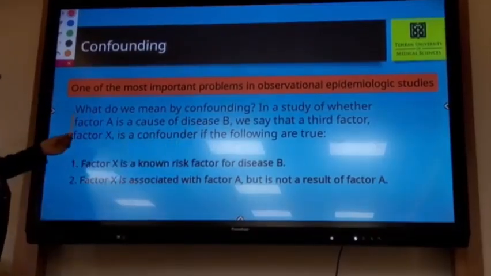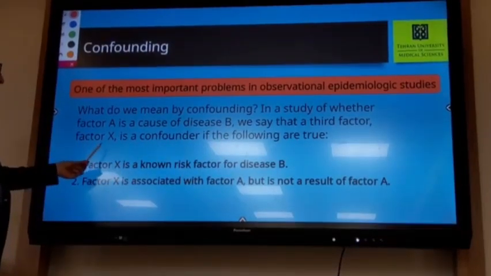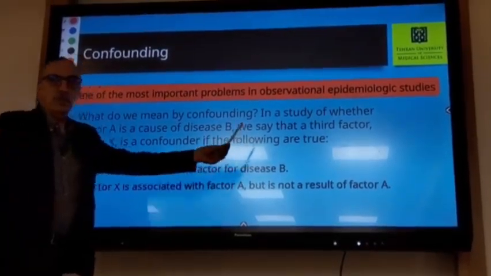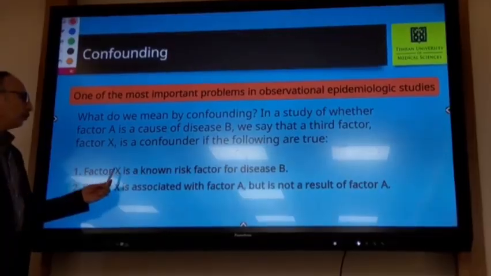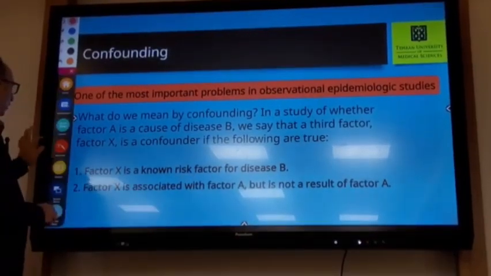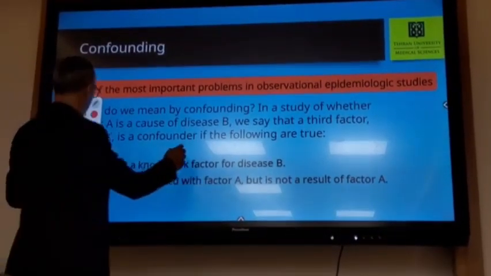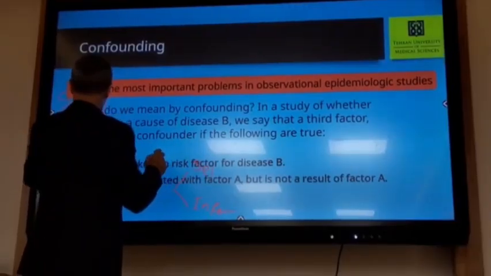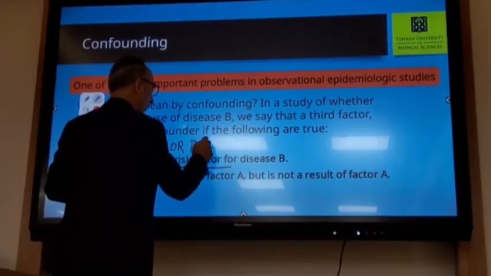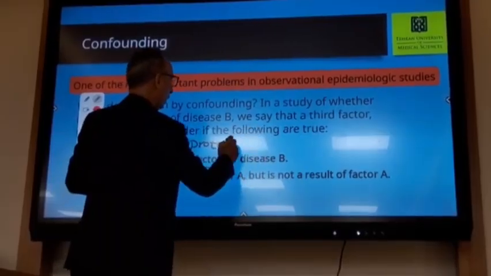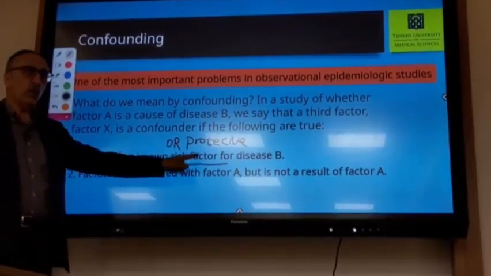In a study of whether factor A is a cause of disease B, we say that a third factor, for example X, is a confounder if two facts exist. First, factor X should be a known risk factor or protective factor.